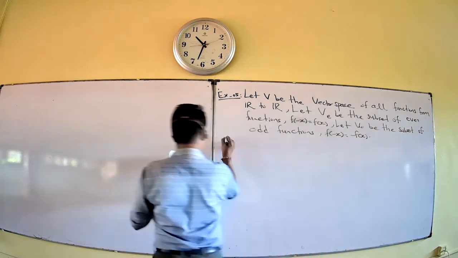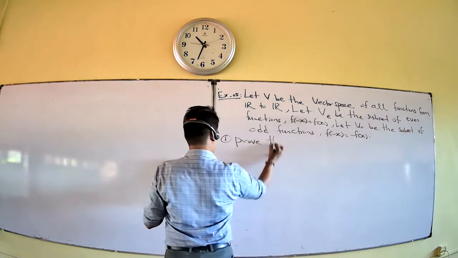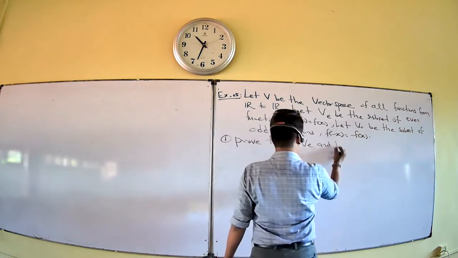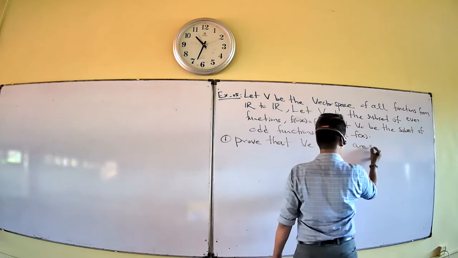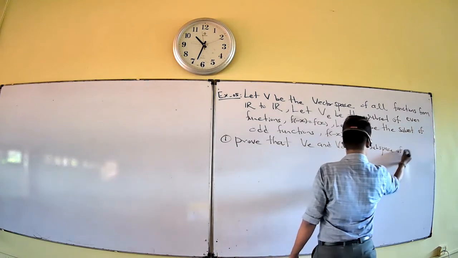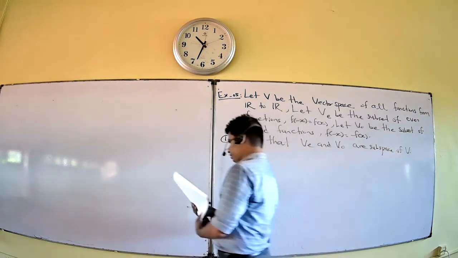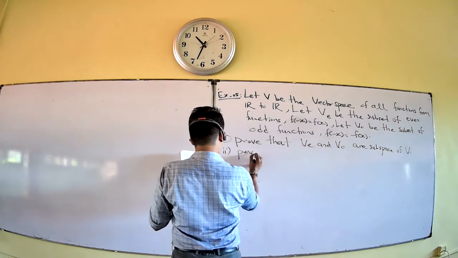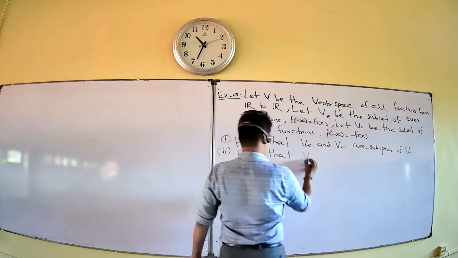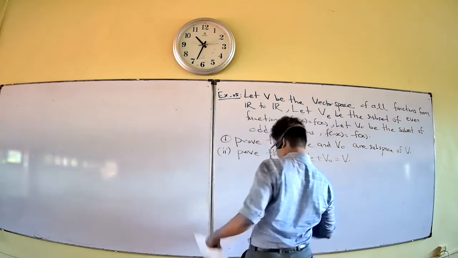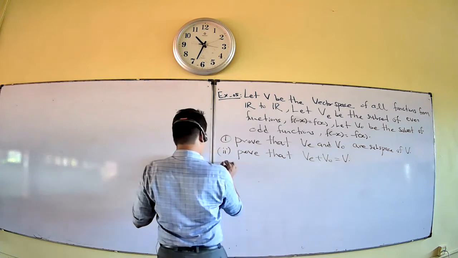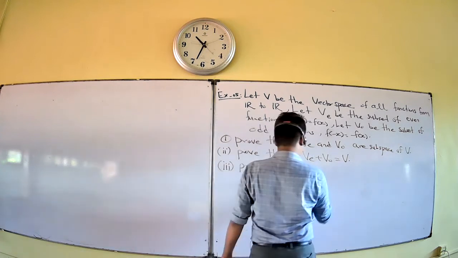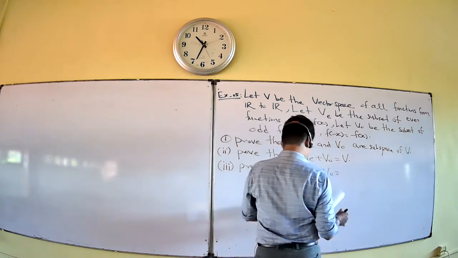They asked 3 questions. Prove that V_E and V_O are subspaces of V. Next, prove that V_E plus V_O equals V. Third question, prove that V_E intersection V_O equals the singleton 0.